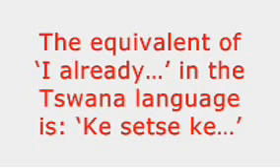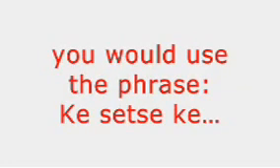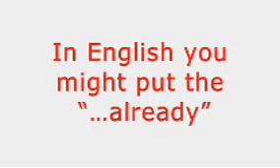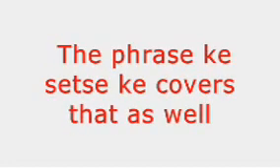The equivalent of I already in the Tswana language is ke setse ke. So if you want to say I already did this and that, you would use the phrase ke setse ke in front of the verb. In English, you might put the already at the end of the sentence. I did this already. The phrase ke setse ke covers that as well.